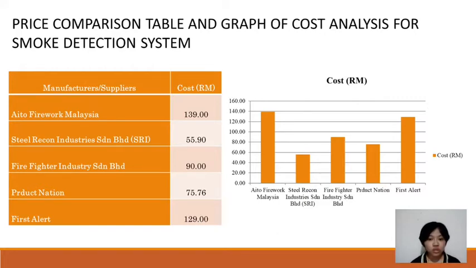So from the graph we can see that the smoke detector manufactured by ITO Firework Malaysia is the most expensive, which costs 139 ringgit, and the cheapest smoke detector is manufactured by Steel Recon Industries Sdn Berhad, which just costs 55 ringgit and 90 cents.